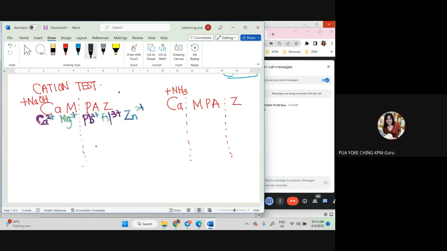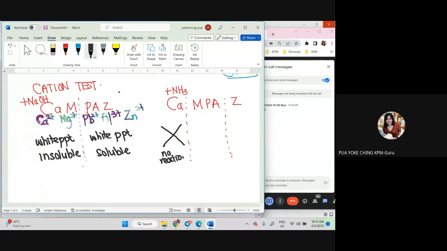Okay, this is your ion. 5 ion ni kita campur dekat sini sebab tambah NaOH, tambah amonia, semua dapat white precipitate, white precipitate. Okay, cuma NaOH, this one is insoluble in excess. This one soluble in excess. Ini big cross, no reaction.